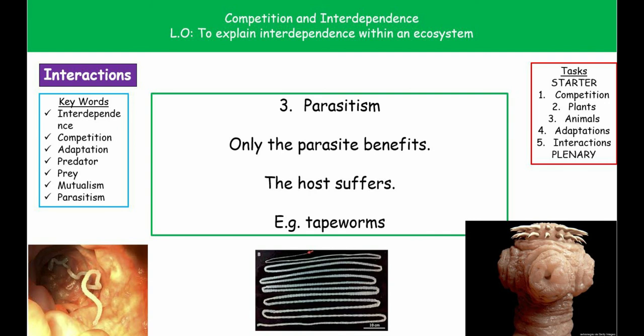And you can see in the middle there, it grows long, meters in some cases, just flowing right the way through your intestines, stealing everything you are trying to take in. So it's benefiting, it's getting all those lovely nutrients from your food, and you're not. So you are going to suffer because it's going to steal all the nutrients from your diet. So that's our third interaction, parasitism.